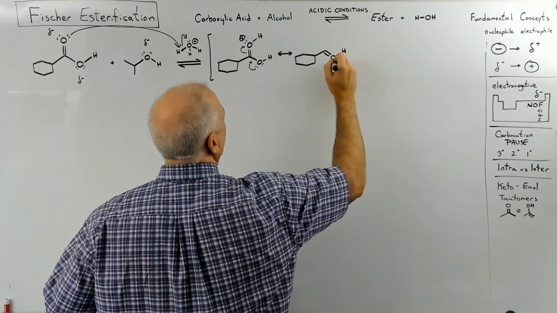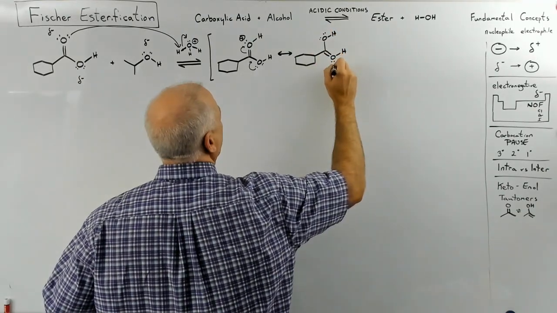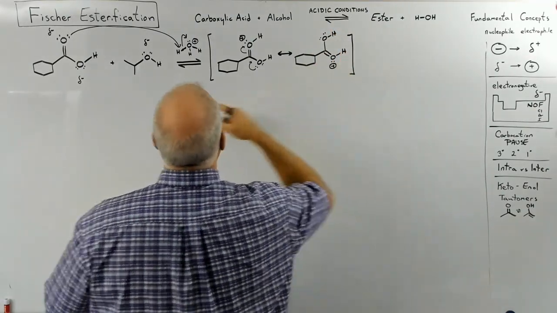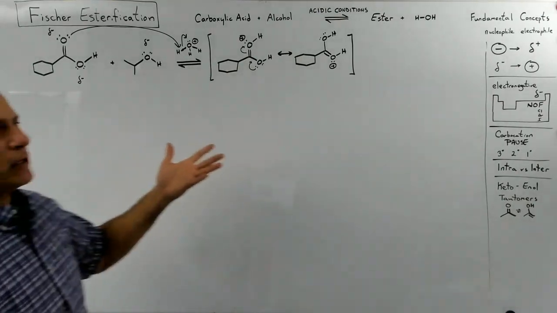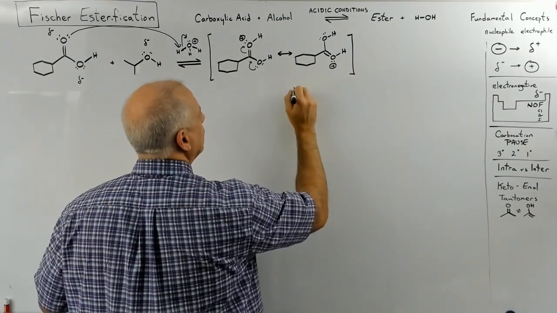You'll also notice that this is going to be equilibrium. That one's positive right there. Equilibrium, because as soon as this happens, a water molecule, let me show the water molecule, plus an H2O.